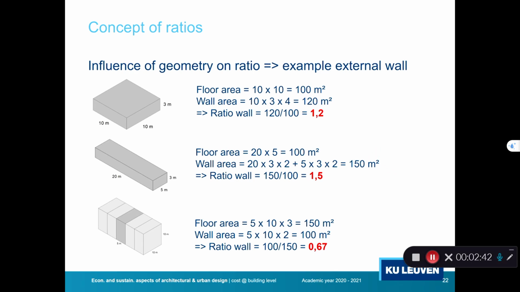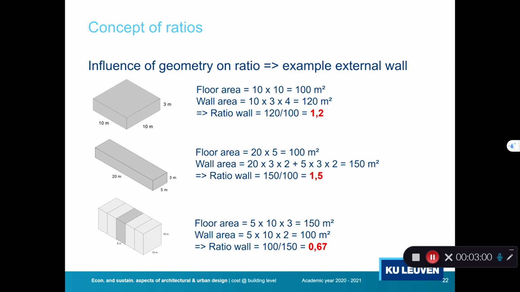In total, 150 square meters. So the ratio of the external wall in the second case is 150 divided by 100, which is 1.5 square meter of external wall per square meter of floor area.